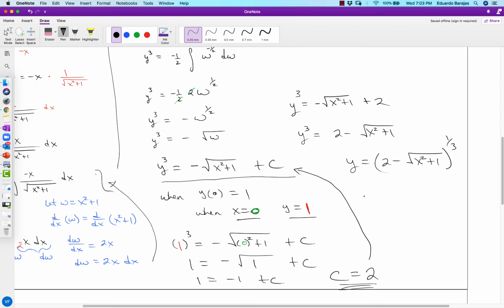So like this, or if you like, you can also write it like this, where we have the cube root of 2 minus the square root of x squared plus 1. I think this one looks a little nicer than that one, but either one is fine. I'm just going to box up this one.